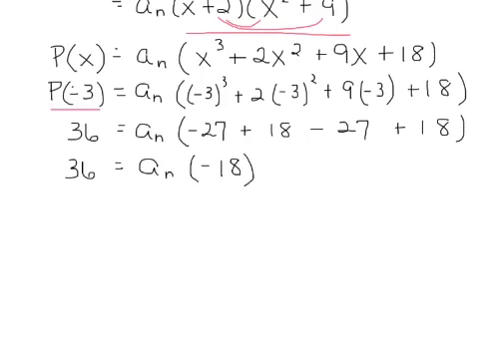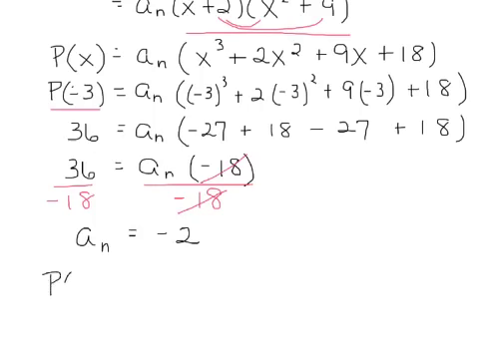Okay, so one more step. I'm going to then divide both sides by -18, and I'll know my value of a sub n. So we end up with a sub n equals 36 divided by -18, so a -2.